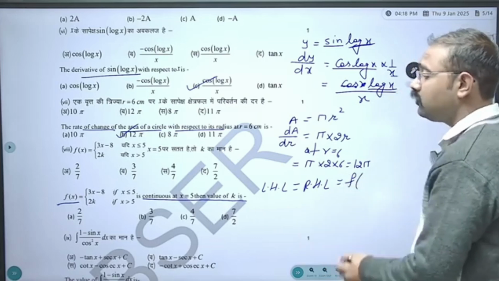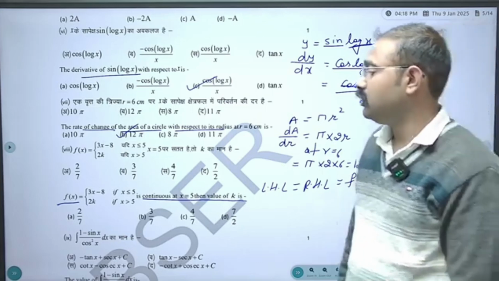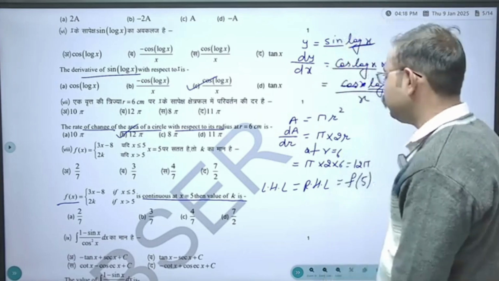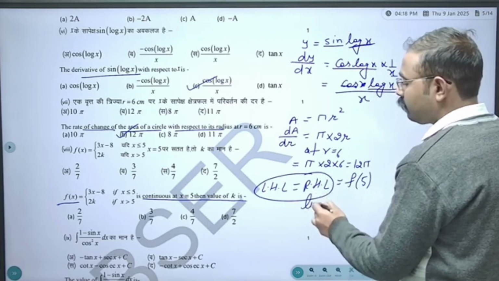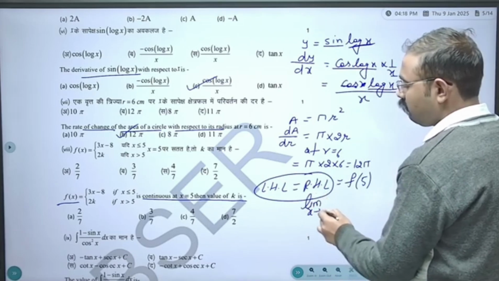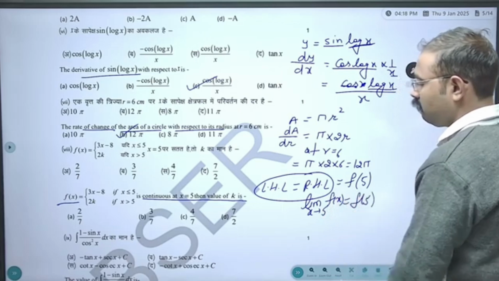Our function is continuous at x is equals to 5 and f5. These all three will be equal. Means instead of left hand limit and right hand limit, we can write limit x tends to 5 of fx is equals to f5.